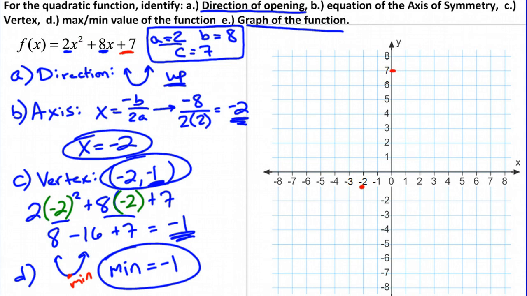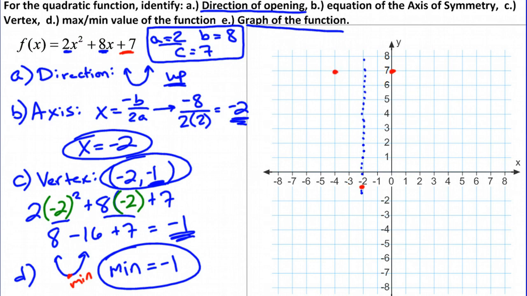And if you remember, I talked about the axis of symmetry being x equals negative 2, so that's an imaginary line, not actually part of the parabola, that passes through where x is negative 2. If we reflect the y-intercept of 7 onto the other side of that, we would have a point there.